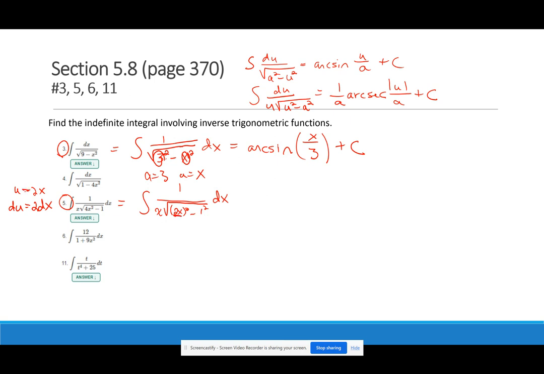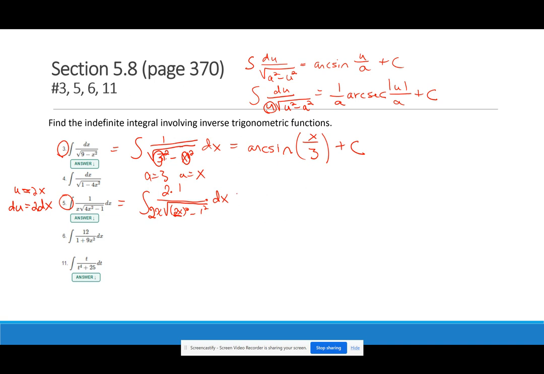I said that u was going to be 2x. Well, then out in front of that radical, I'm supposed to have a 2x, and I don't have it. So I can make it happen by putting a 2 down there as long as I multiply on top by a 2. That's always okay to do.